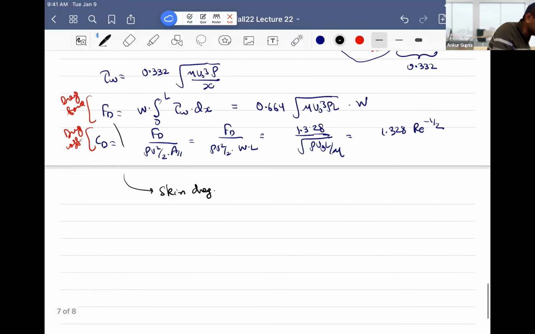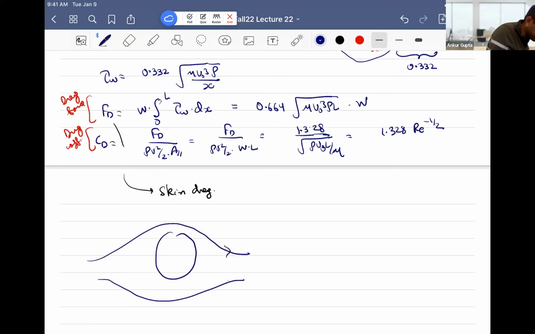I just want to briefly discuss one more point before we close out the lecture. If we have a flow over a cylinder, which we have not discussed, your total drag force is made of form drag plus skin drag. Okay. And this is very, very important.